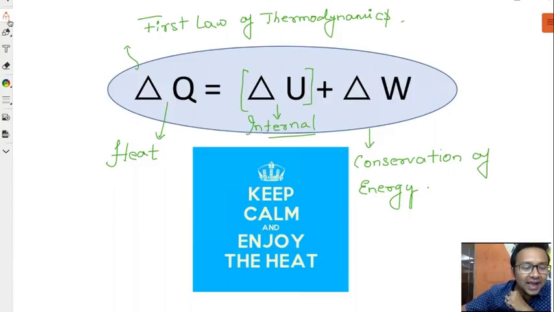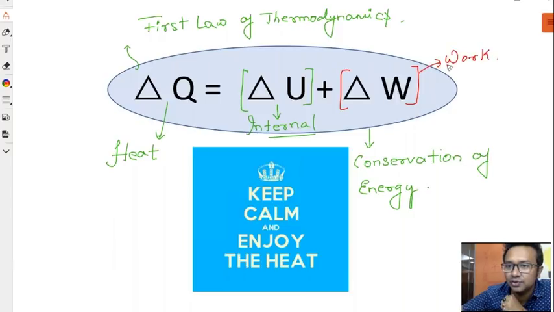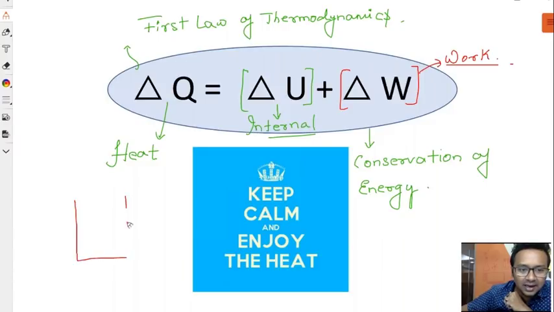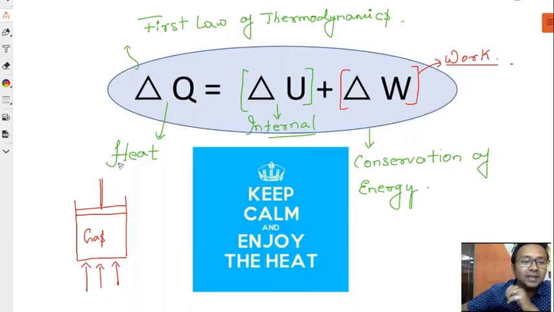And the second thing, it does some work. Clear, students? So if I have a system, let's say a container in which some gas is present, fitted with a piston, and I provide some heat, then what is going to happen?